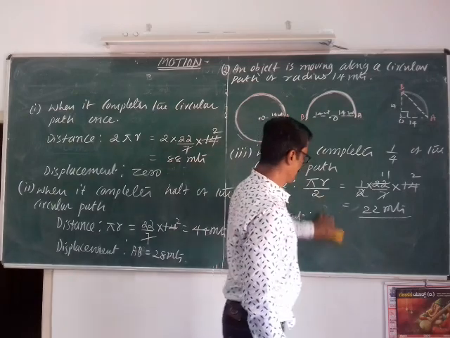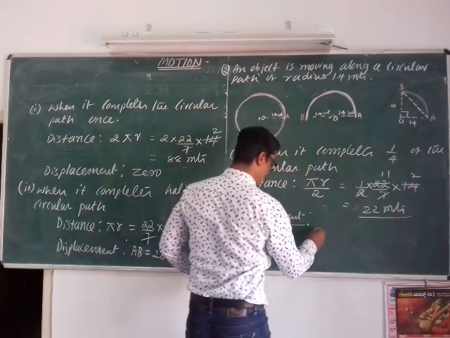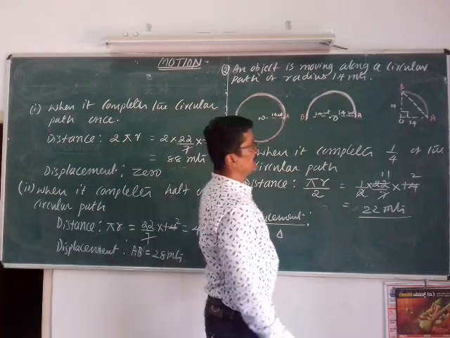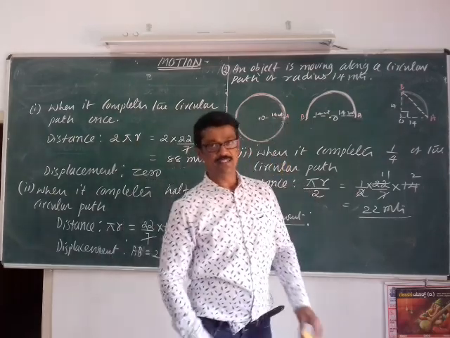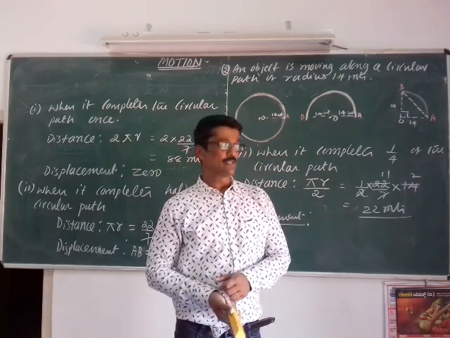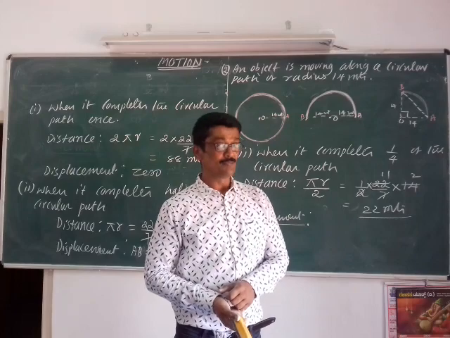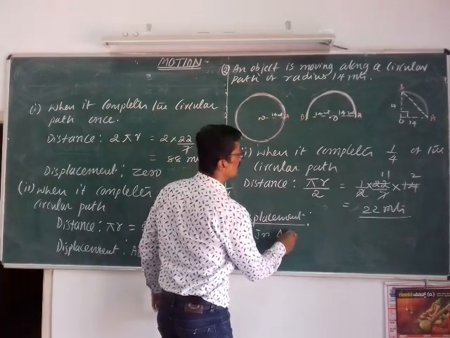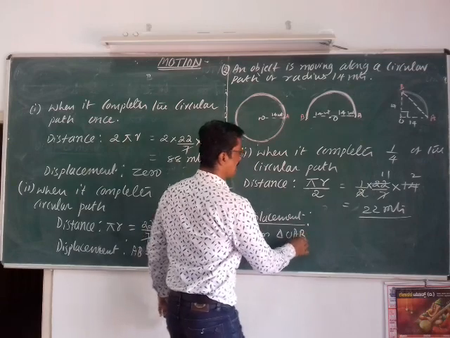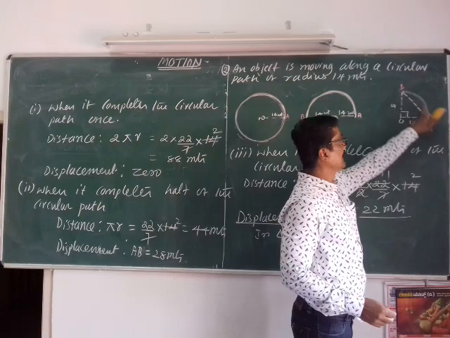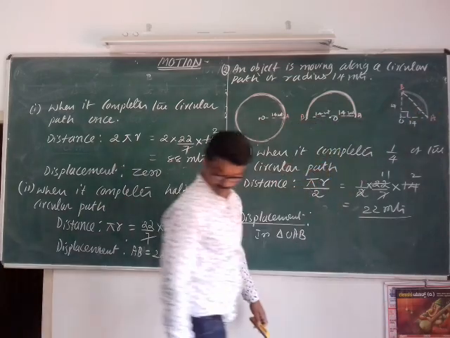Okay. So what we have to do is, in triangle OAB, AB is the hypotenuse.